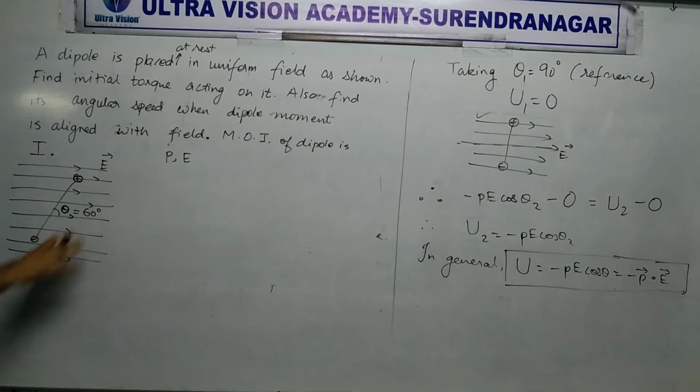Right, so this is the given position. A dipole is placed at rest in a uniform electric field as shown. Find the initial torque acting on it.